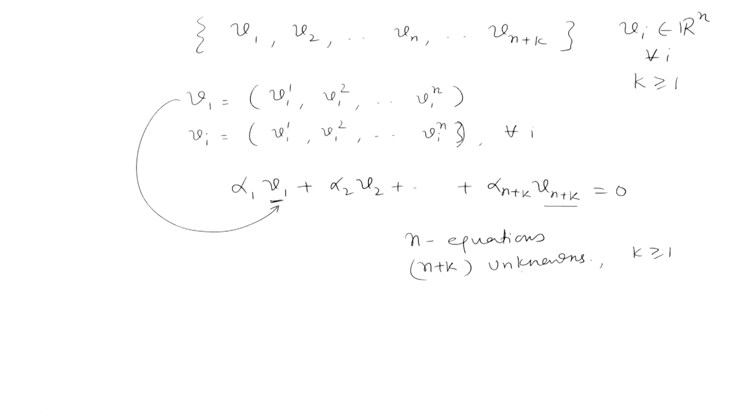So, more unknowns and fewer equations, that means many solutions, and many solutions means there exists a non-zero solution, and a non-zero solution means the set is LD, the set is linearly dependent. So, this set is always LD.